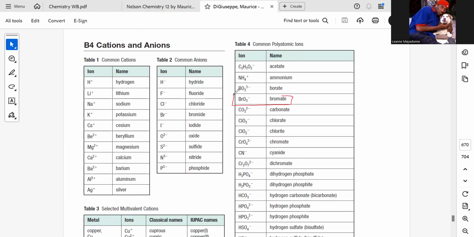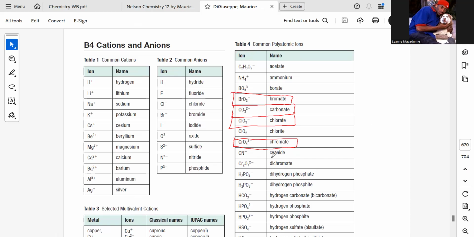But I'm pretty sure the bromate you will not memorize, carbonate you will not memorize, chlorate you will not memorize, chromate you will not memorize, chloride there is a trick to it. You don't have to memorize that. Cyanide you don't have to memorize.